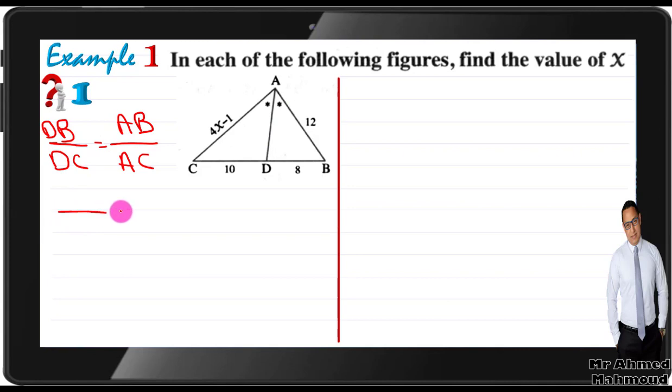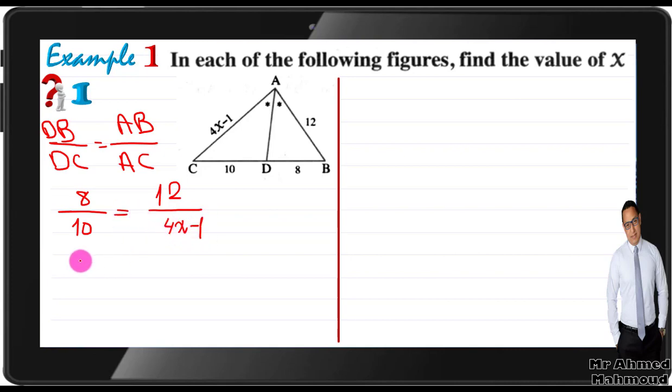So DB equals 8, DC equals 10, AB equals 12, AC equals 4x minus 1.